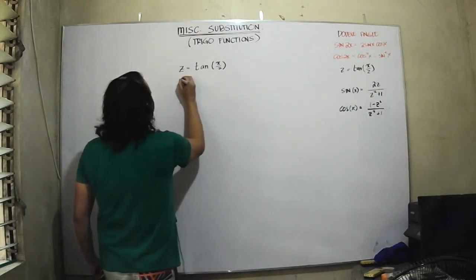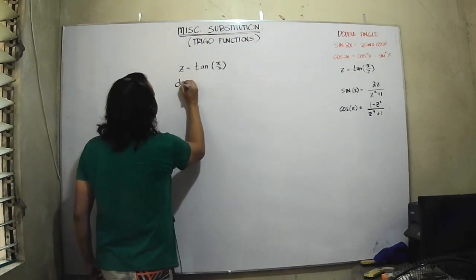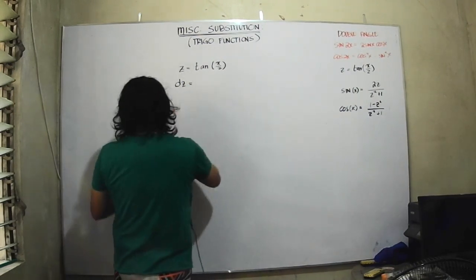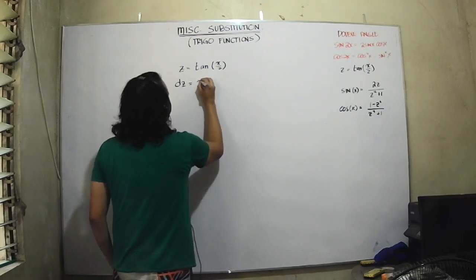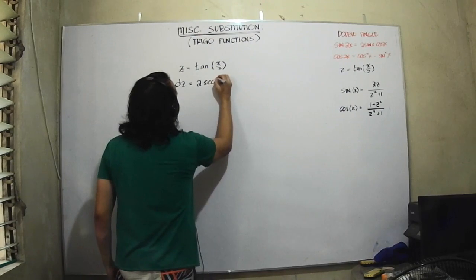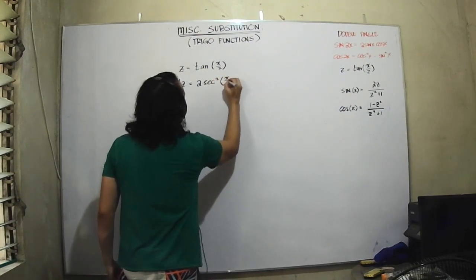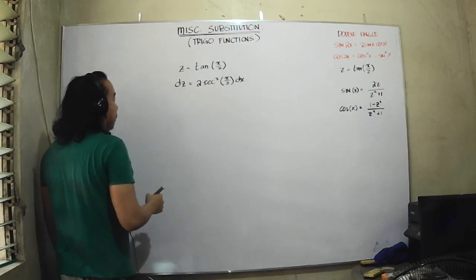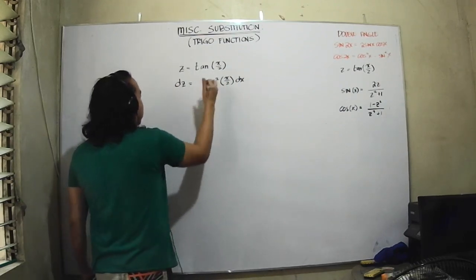So I differentiate this and I will have dz. The differential of tangent with respect to x is secant squared x over 2 times dx, times 1/2.